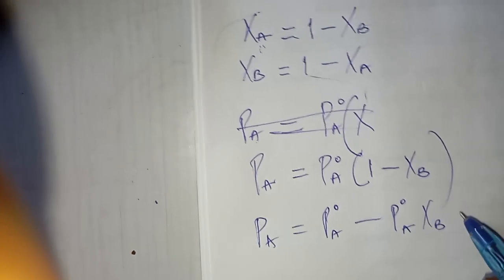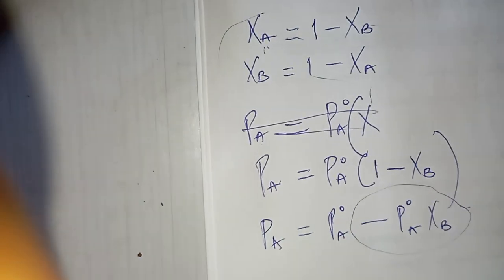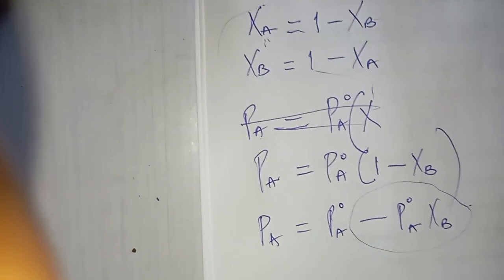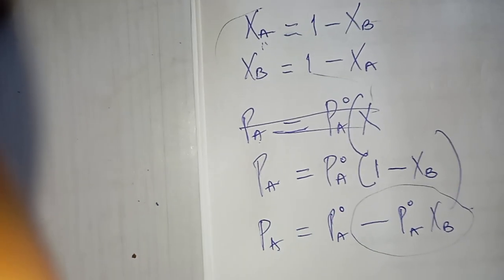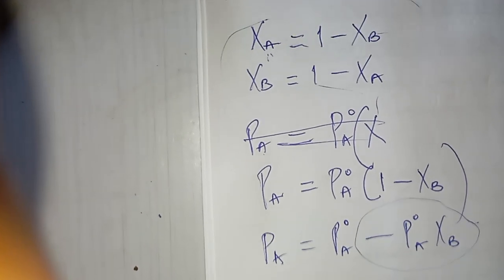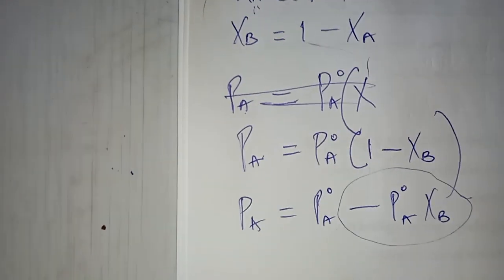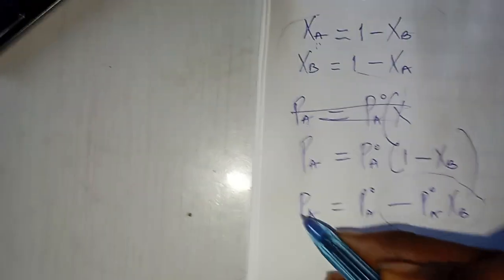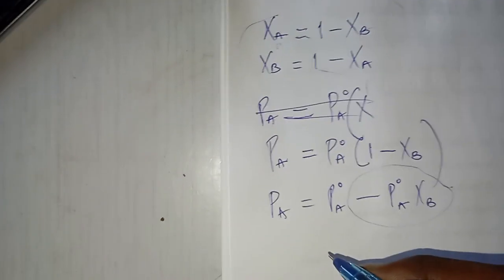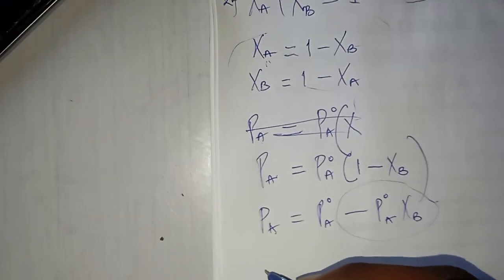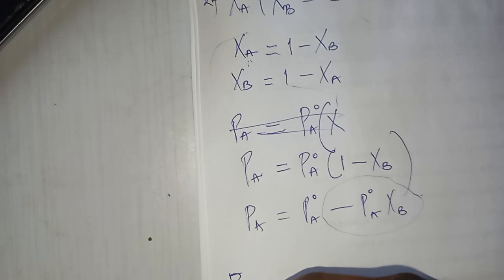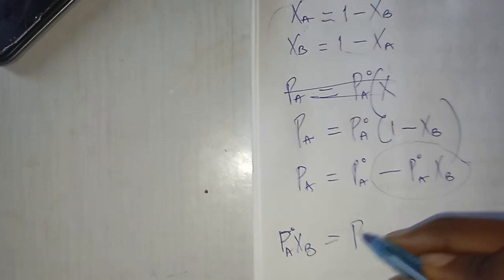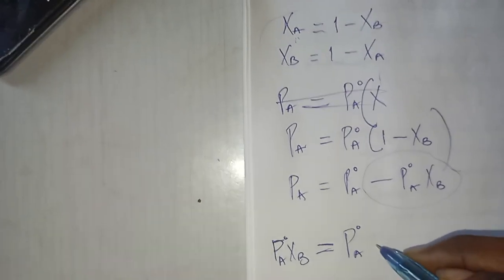Now notice that I can carry everything here and bring it over this side, because we are trying to make mole fraction the subject of the formula. I want to do it this way so that I can get what I call lowering of vapor pressure. This coming over becomes positive: PA naught XB is equal to PA naught, which is already here, minus PA.